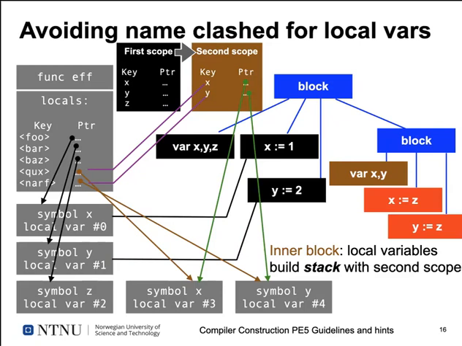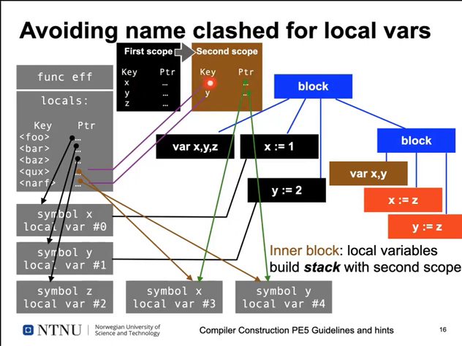You can again have a while loop inside of your if, and so on and so forth. So here we have only one level of nesting again. So we have this if condition inside of our function, and this is our second block here. So this has local variables x and y. So what we're doing is we essentially create a stack and push a second scope on that stack. So our first scope still is the scope for our outer function here. And the second scope is the scope for our if condition here.